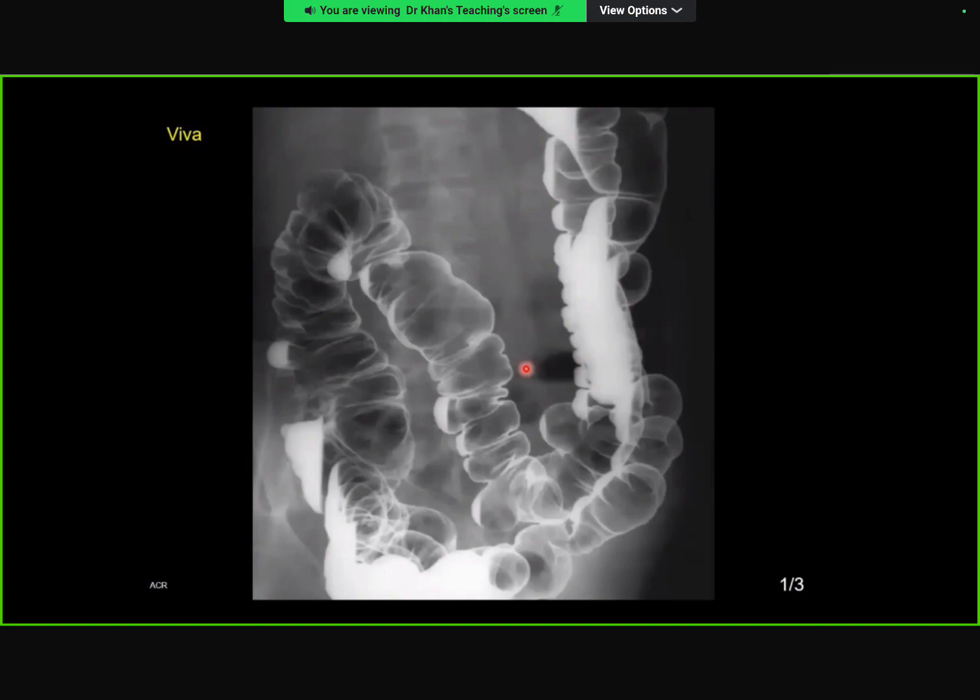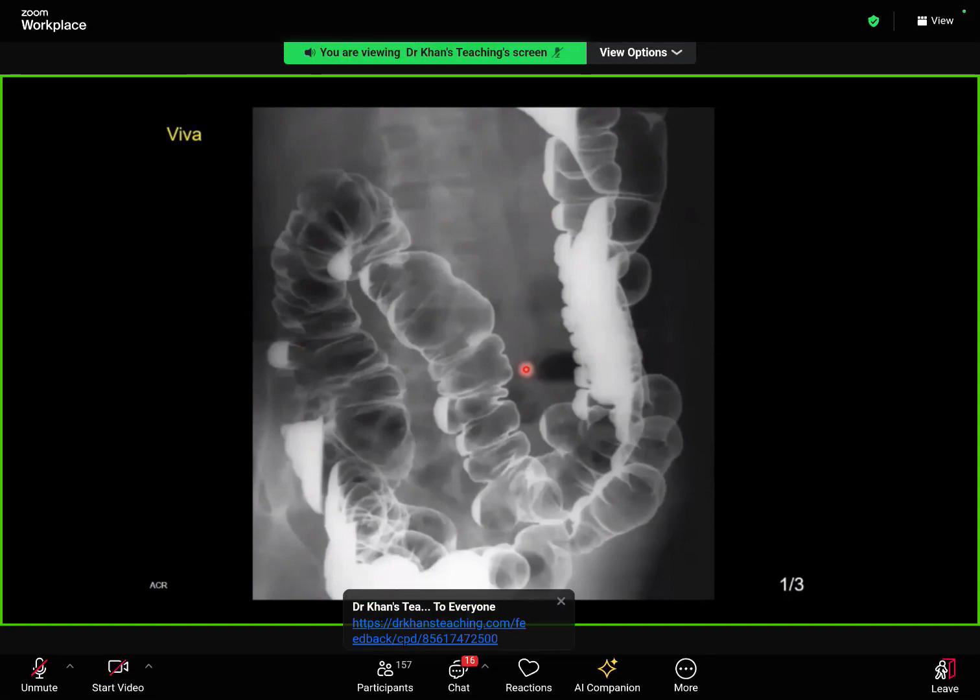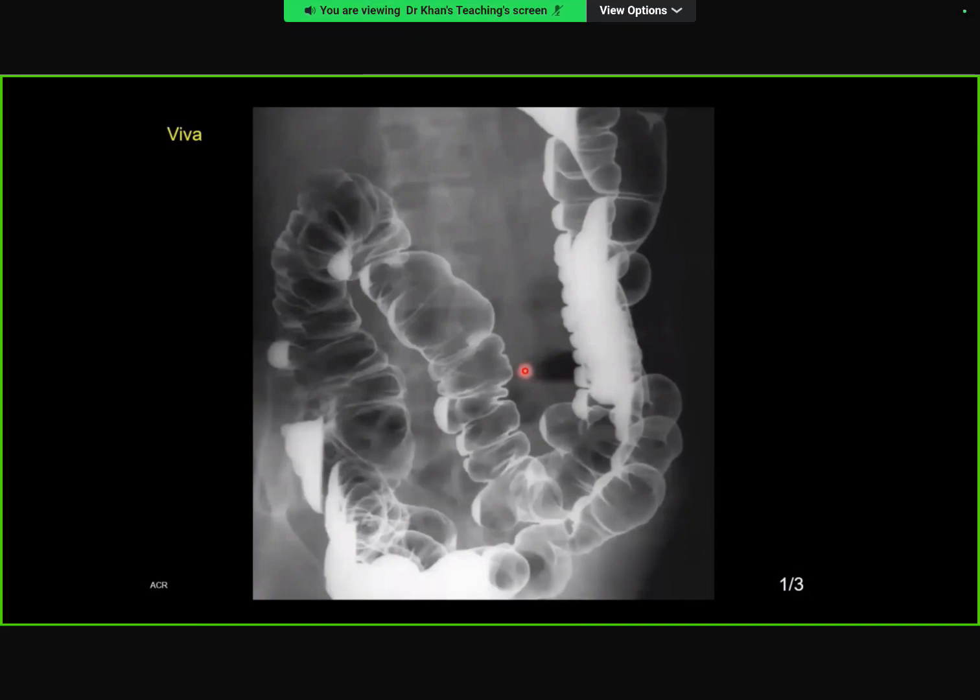So this is a double contrast enema which has been taken in a decubitus position, and I can see the large bowel is of normal caliber, and just looking at the ascending colon where there is some pooling. Okay, very good.